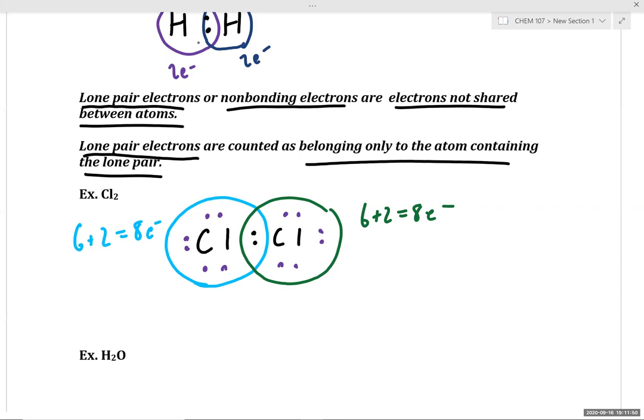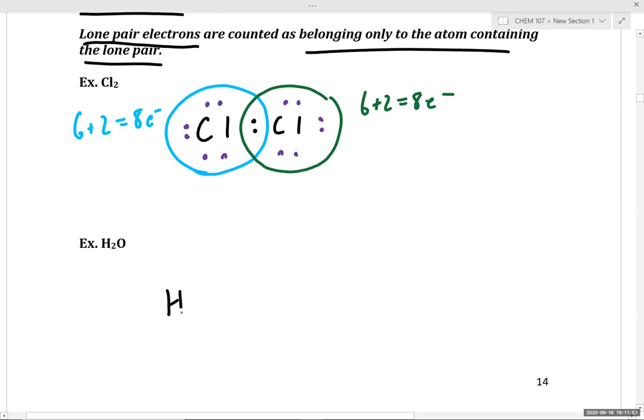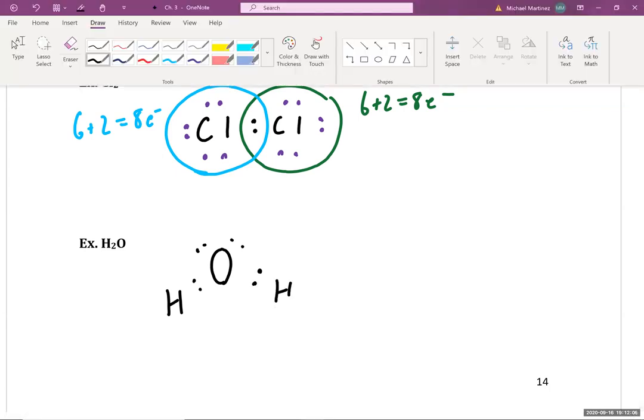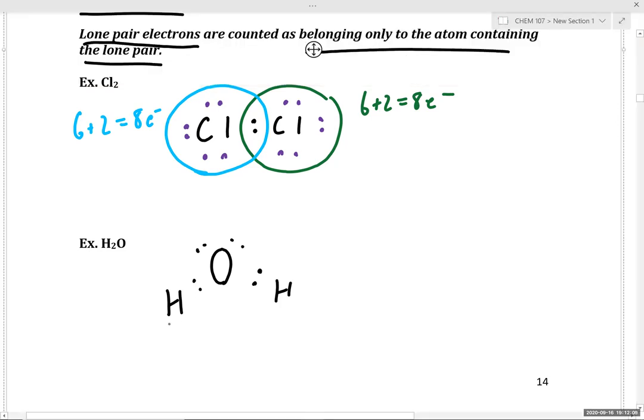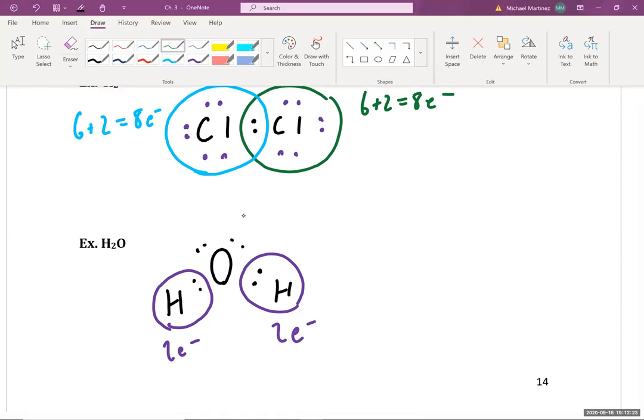Does that make sense to everyone? So if we look at water, for example, H2O, each hydrogen has a set of bonding electrons. So each of our hydrogens have 2 electrons to their name, while oxygen has both bonding and lone pair electrons.